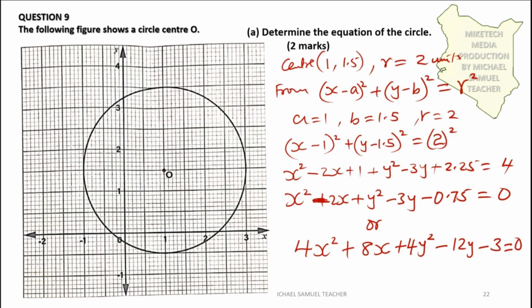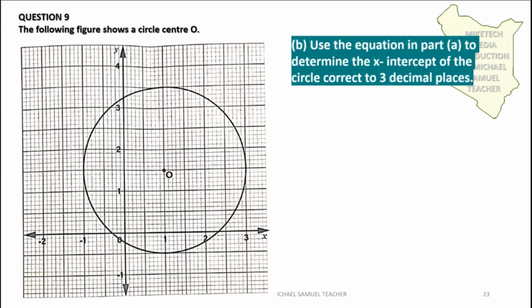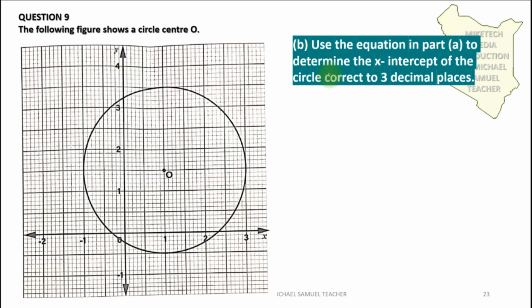So then part B of the question, you need to use the equation in part A to determine the x-intercept of the circle correct to 3 decimal places. From the general equation before we simplified it, it was (x minus 1) squared plus (y minus 1.5) squared is equal to 2 squared.